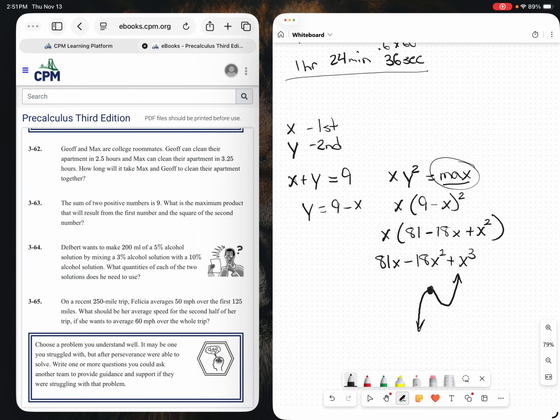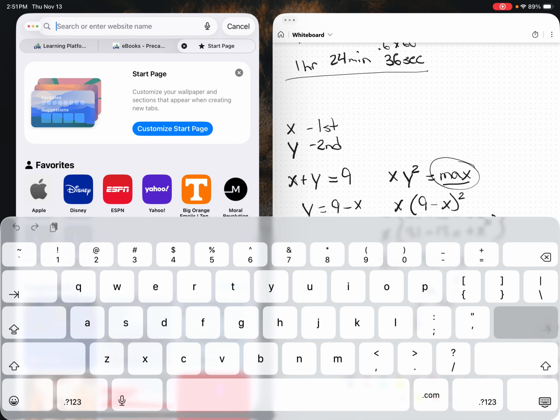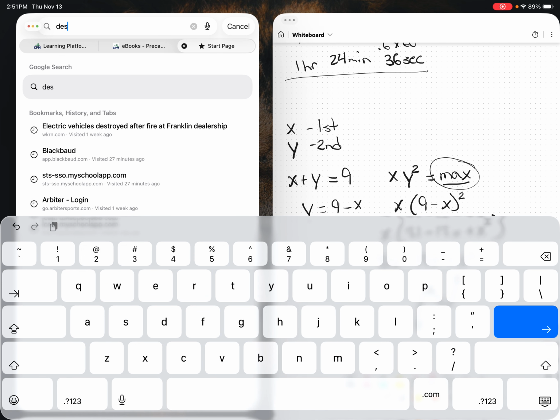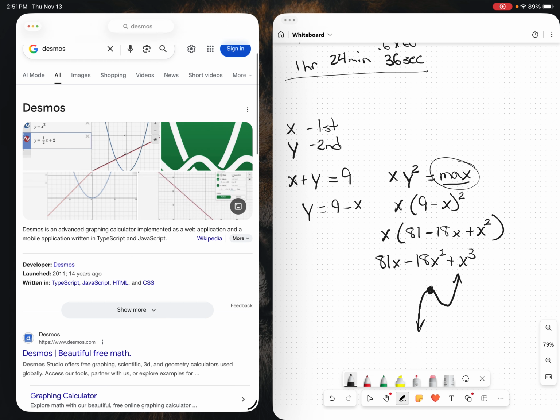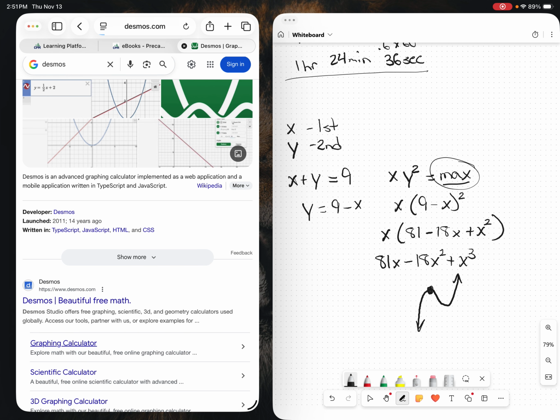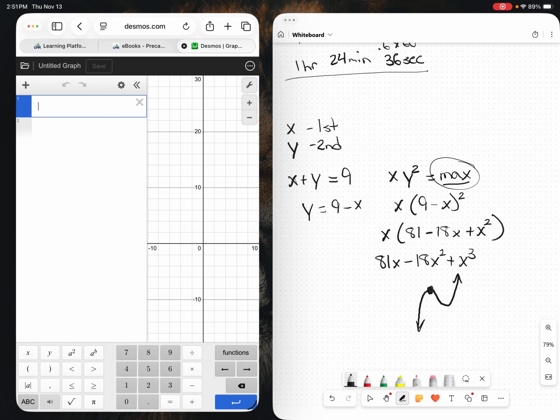Okay, so I can't do this on here. I can't show you this with the screen going on. Actually, I might be able to, guys. Hold on, give me a second. Let's see if I can get Desmos here, and we'll graph it that way. So let's do this. 81x minus 18x squared plus x cubed.